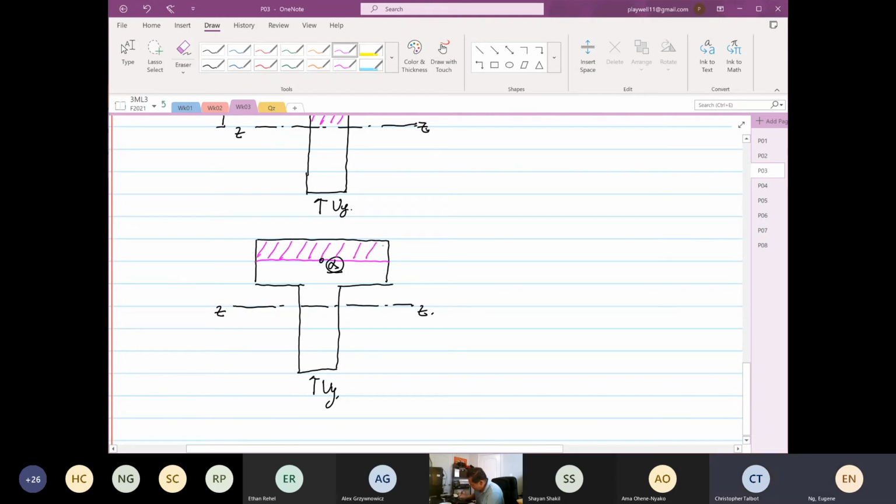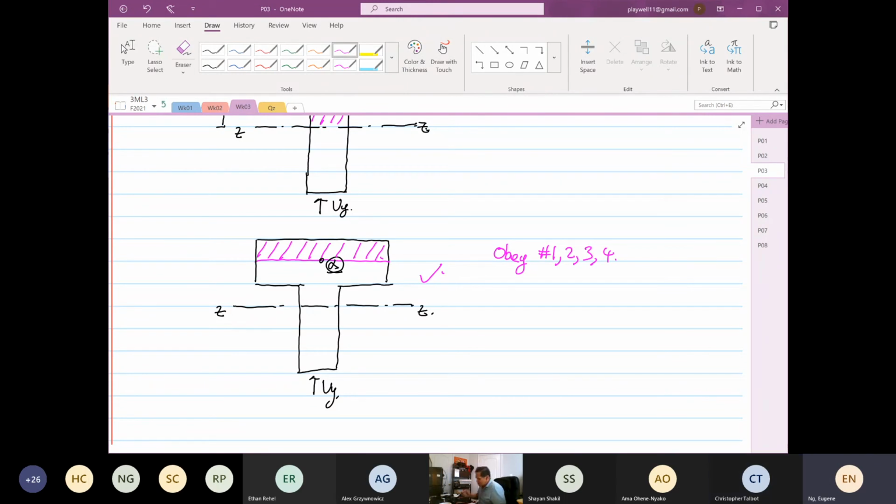Yes. So this is correct. For this case, we obey rule number 1, 2, 3, and 4. So this is critical. That's why these 4 rules are critical.